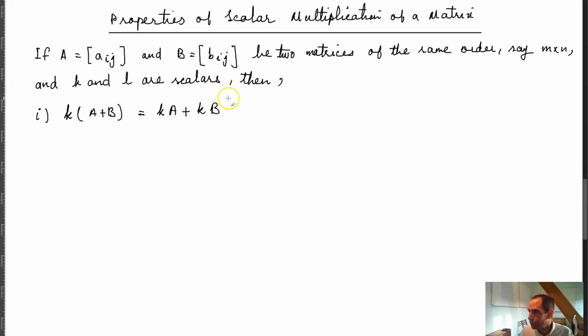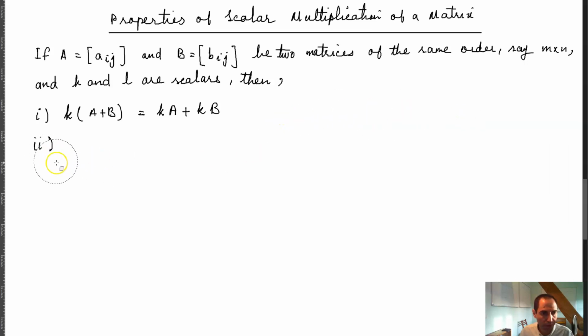Number 2, you can also say that (k plus l) times A is the same thing as k times A plus l times A. Let me rewrite this as 1 and 2.